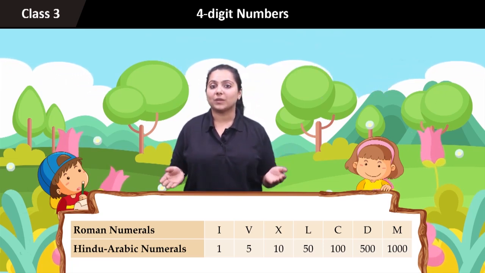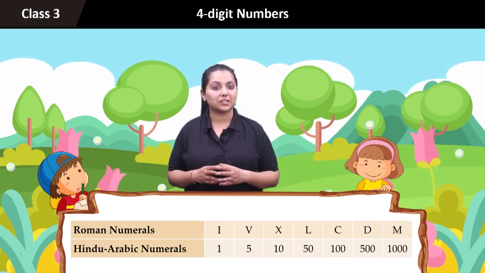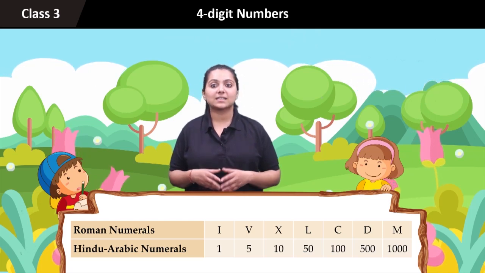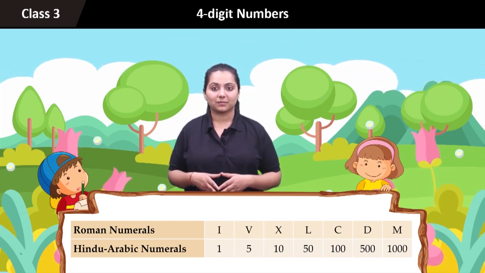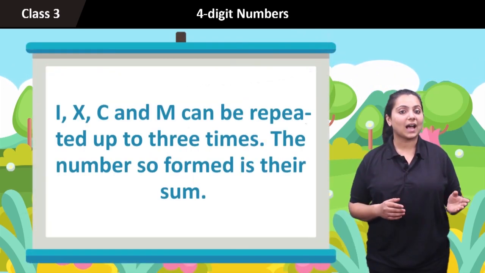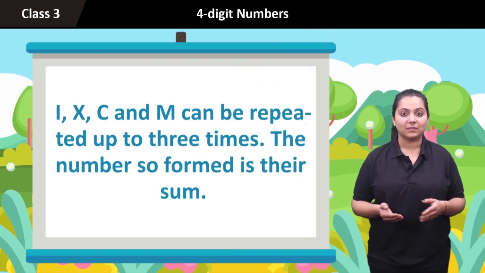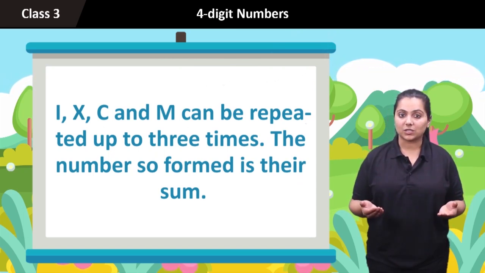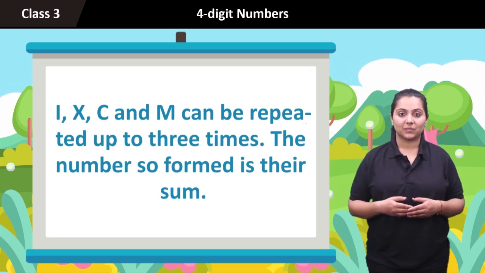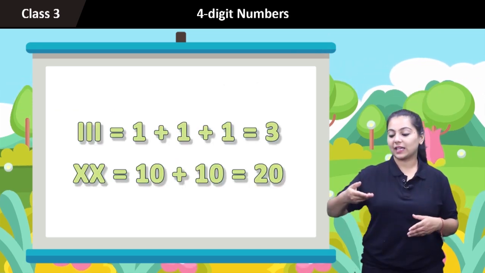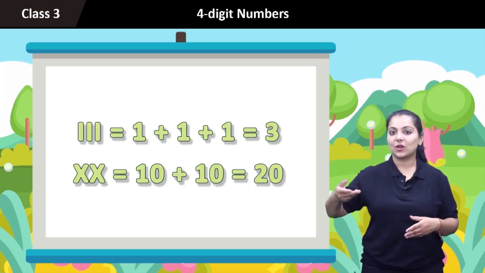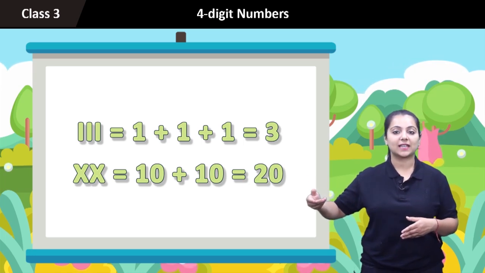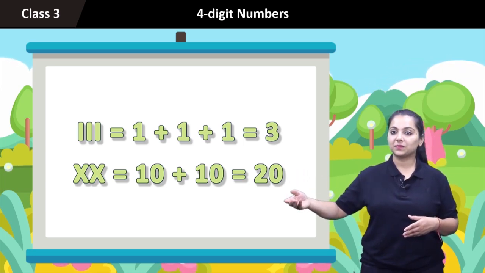We can use combination of these 7 letters to make different numbers, but certain rules are to be followed. Rule 1. I, X, C and M can be repeated up to 3 times. The number formed is their sum. For example, I plus I plus I gives 1 plus 1 plus 1, that is equal to 3.